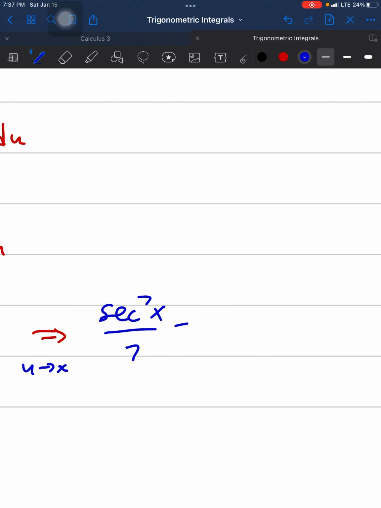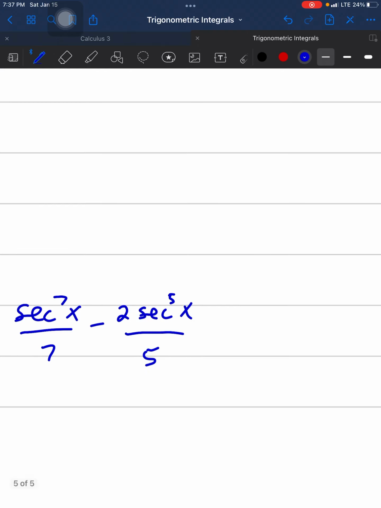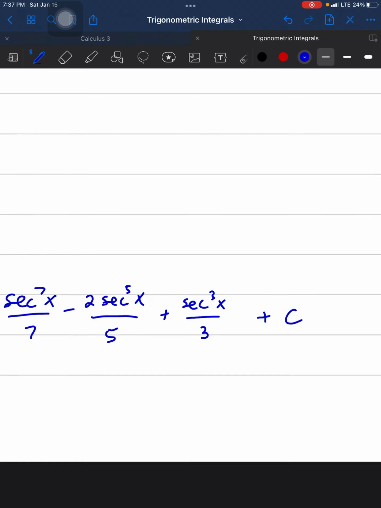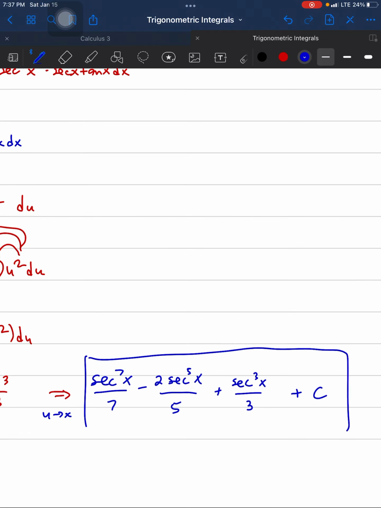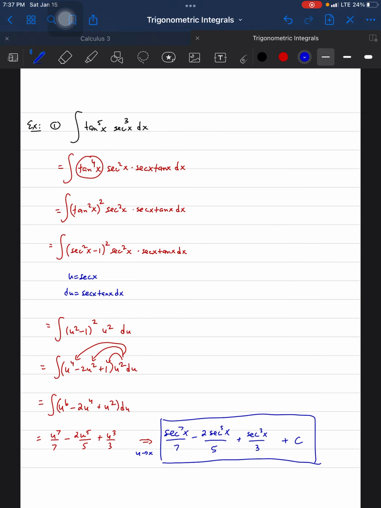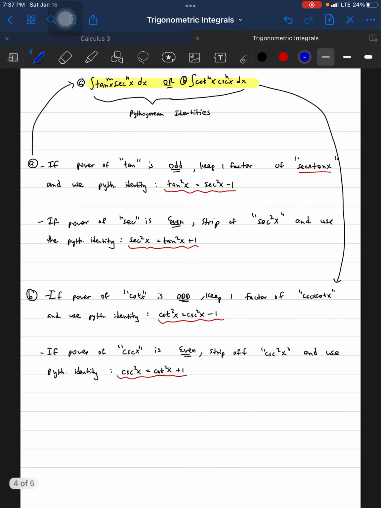So we get secant to the seventh x over 7 minus 2 secant to the fifth x over 5 plus secant cubed x over 3, and then the plus c. And that is our final answer for case A of this type of integral.